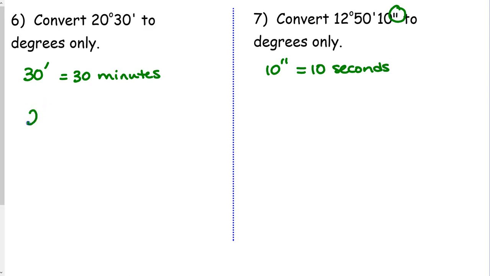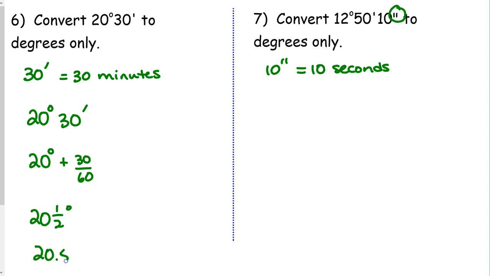So if you have 20 degrees and 30 minutes, it means you have 20 degrees and 30 out of 60, 30 minutes out of 60 minutes. So you can just convert that to 1/2. So you have 20 and 1/2 degrees, or if you want, 20.5 degrees.